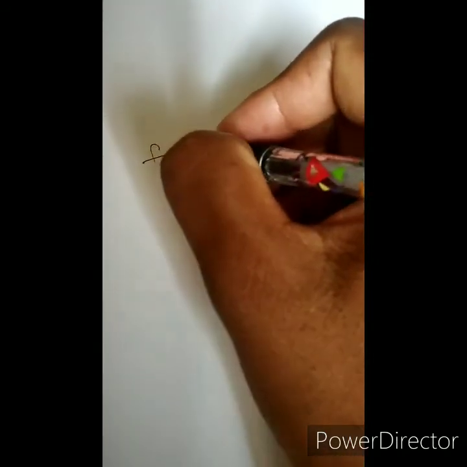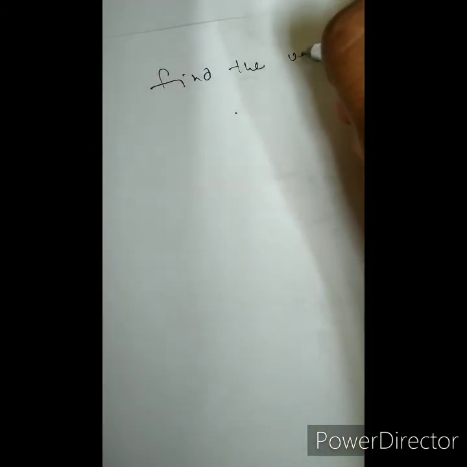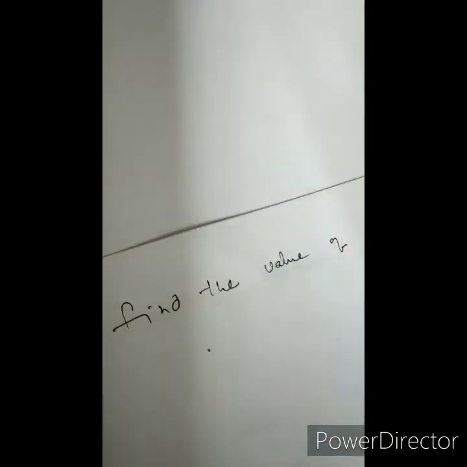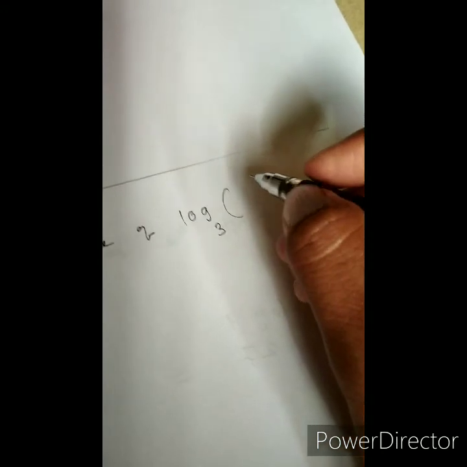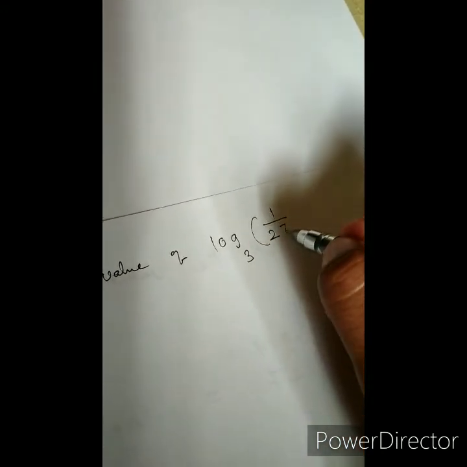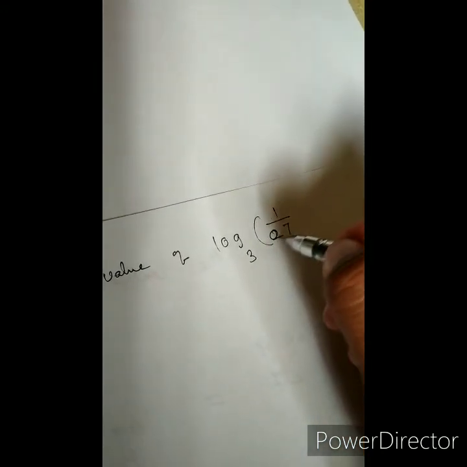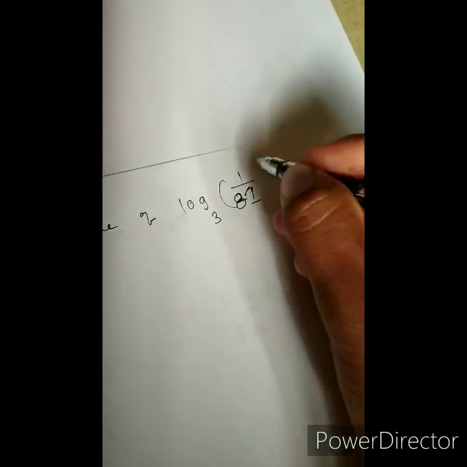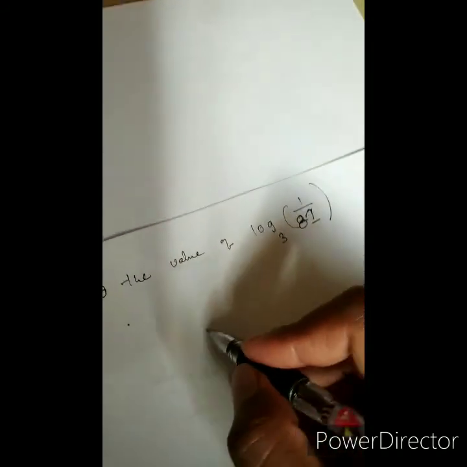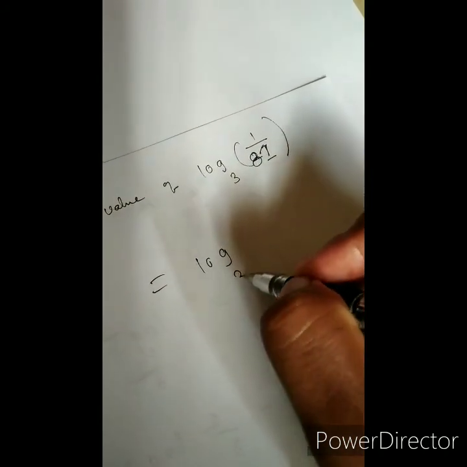Okay. Let us do one more problem. Find the value of logarithm of 1 by 81 to the base 3. So what I will do here: 1 by 81 can be 3 power 4.